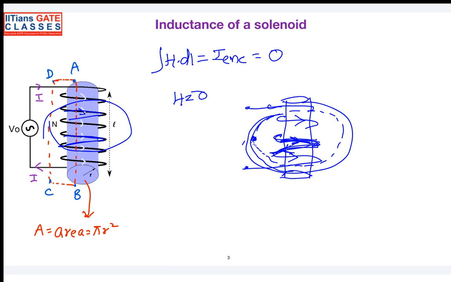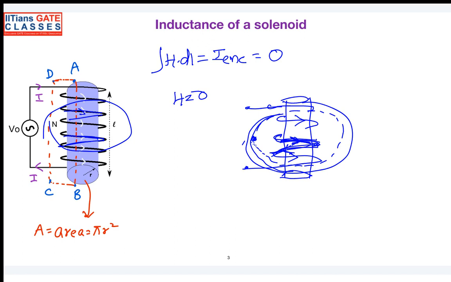So when you have any solenoid, the magnetic flux will be confined to the core itself. When you are going outside the core, there will not be any magnetic field. So the reason was, when you take any point outside, whatever is flowing on the top side, the same thing is getting reversed on the other side. So hence the net current will be zero, and you will not have any magnetic field.